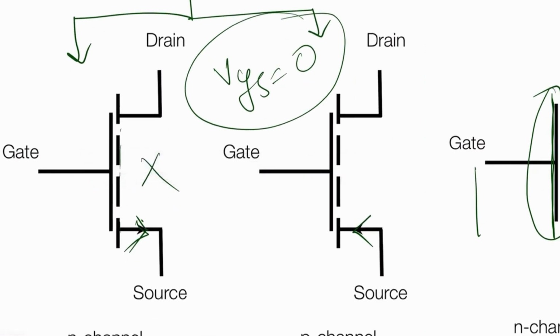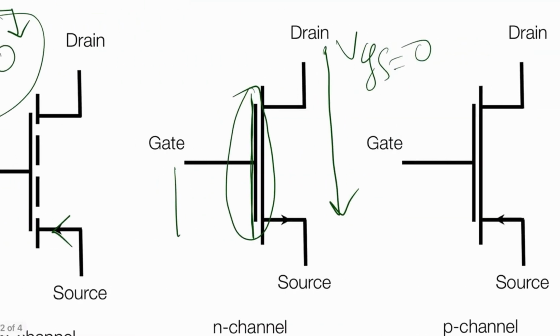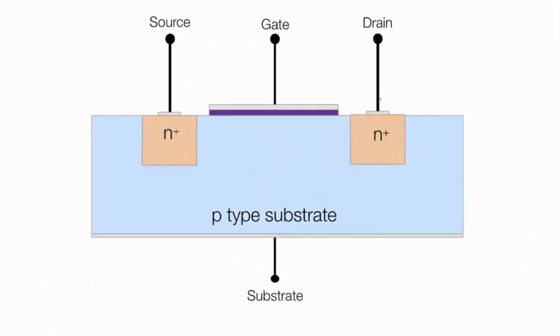The source is virtually connected with the substrate or body. In some books the substrate and source are shown as different terminals, but generally they are grounded together, so it is shown as a three-terminal device. So this is an N-channel enhancement type MOSFET, and you can see the terminals: source, gate, drain, and substrate.